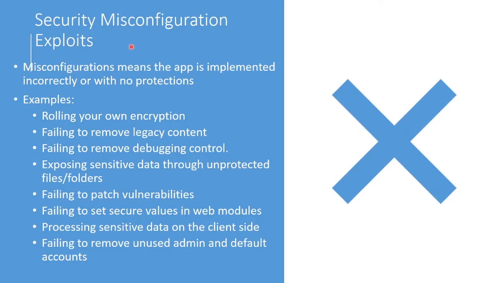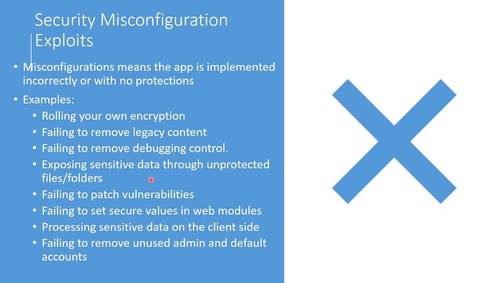Some common security misconfiguration exploits means that the app has been implemented incorrectly with no protections, so we can therefore exploit these misconfigurations. Some examples. The developer tried to create their own encryption algorithm. They didn't use existing encryption modules. Or they failed to remove legacy content which drags everybody down. Or they failed to remove debug information.